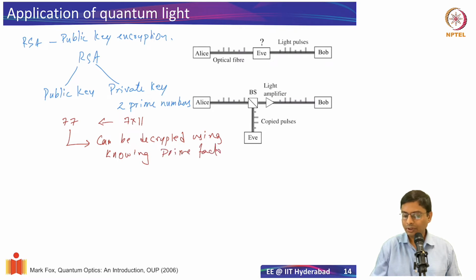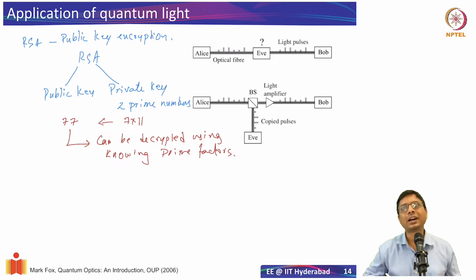Okay, so if you have to find the prime factors, what would you do? In a classical computer, if there is a number n that you want to factorize, you start with 0 or 1 and keep going up to root of n, dividing the number by each number available to you and seeing if there is a remainder. If there's a remainder, then it is not a factor, right? So that's how you factorize.